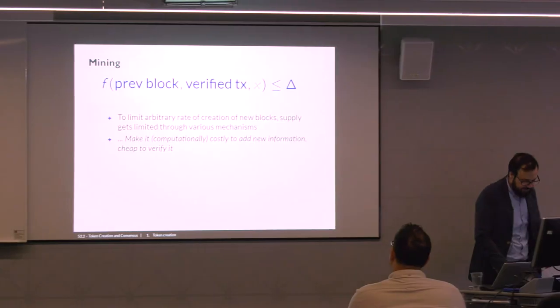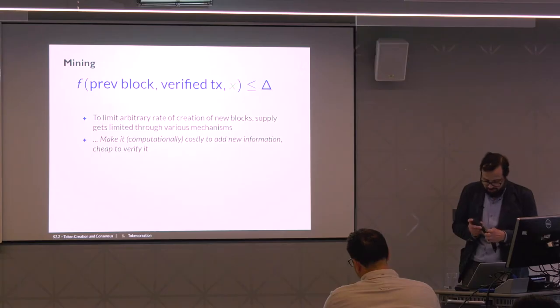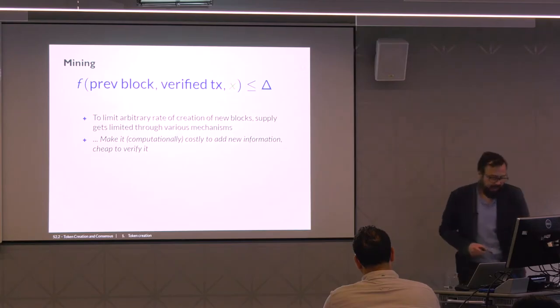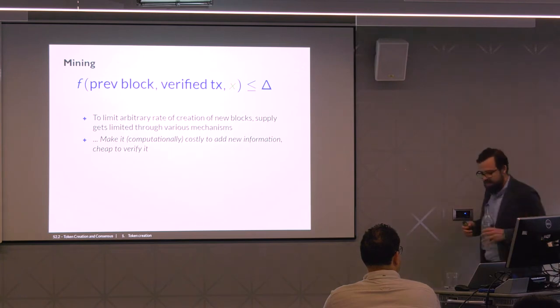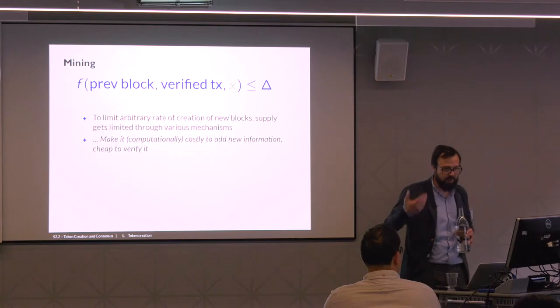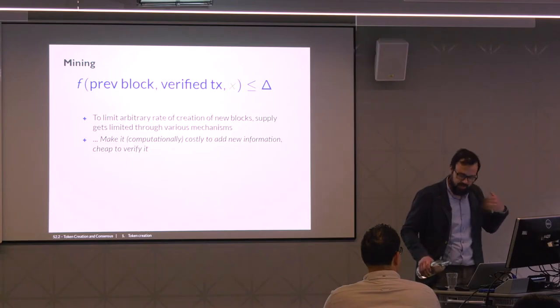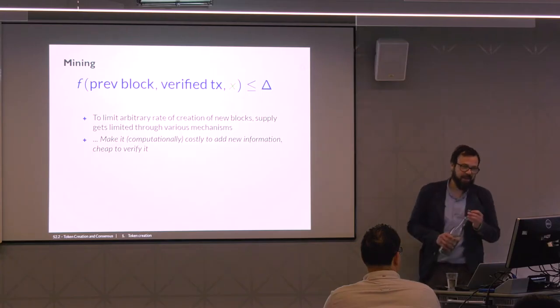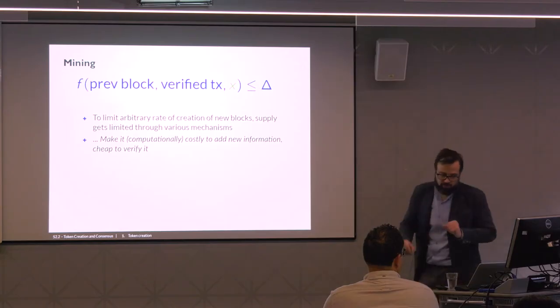Why? There is, in the computer science literature, this well-known fact that for these kind of systems, distributed systems, to be consistent, it has to be computationally costly to add new information, but in some way it has to be very cheap from a computational point of view to verify the information that you are appending.